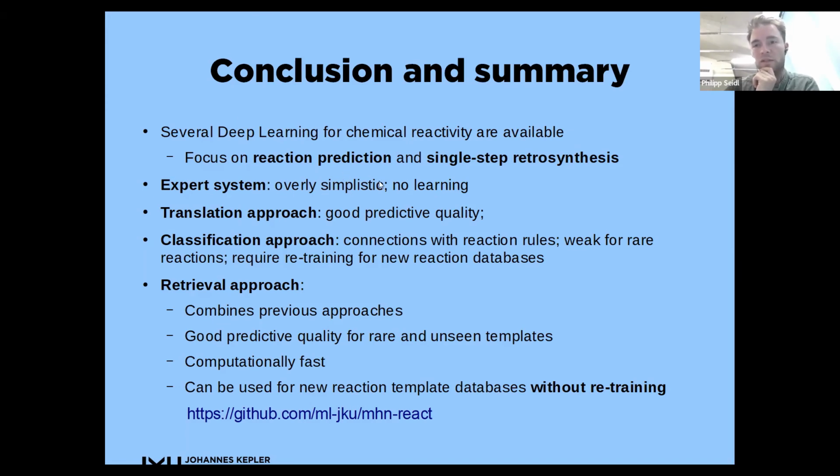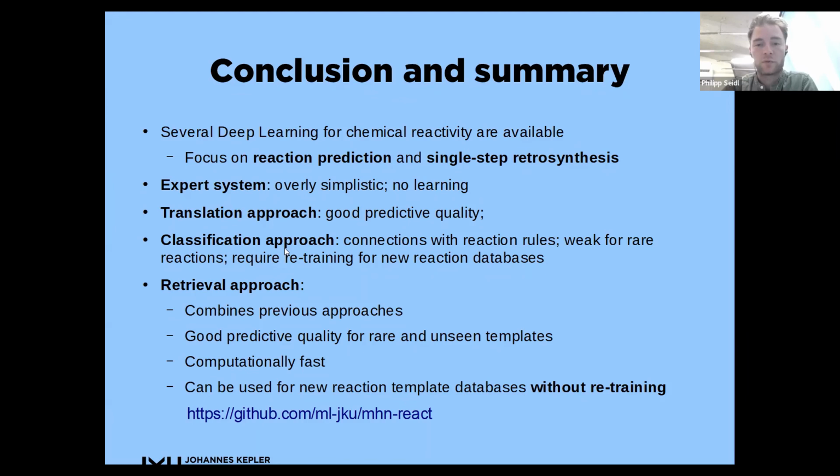Those are overly simplistic and there is no learning, but in certain settings they achieve quite good results. But the translation approaches show very good predictive quality, but are not that interpretable, and might also lead to results that are not that straightforward, that might be out of the boundaries that the chemist is comfortable with.